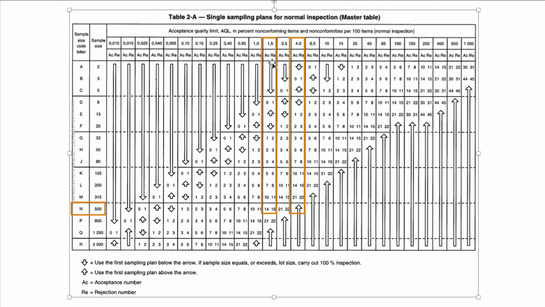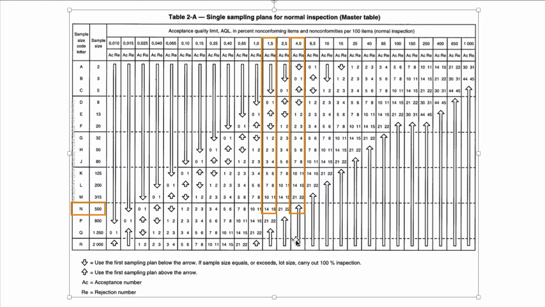You see Ac Re. So acceptance is 14 and rejection is 15, meaning that if in your inspection you find 15 or more major defects, it's failed. If on the minor defect you find 22 or more, it is failed. That's what it means.